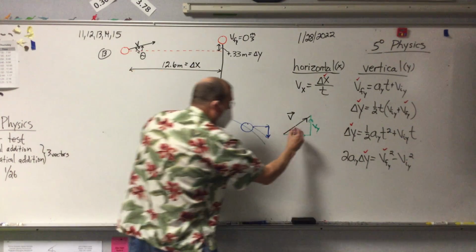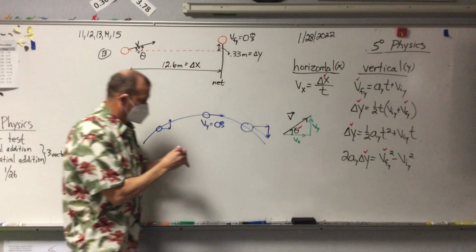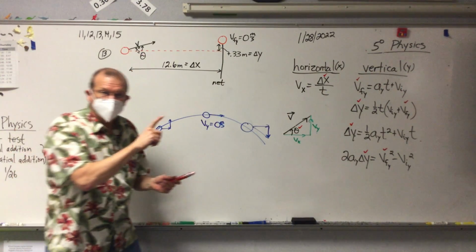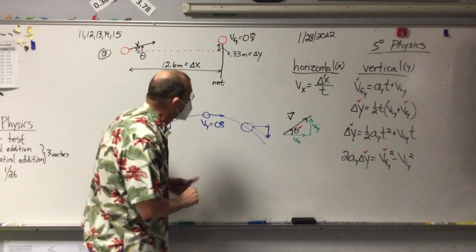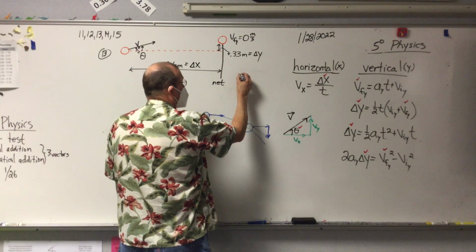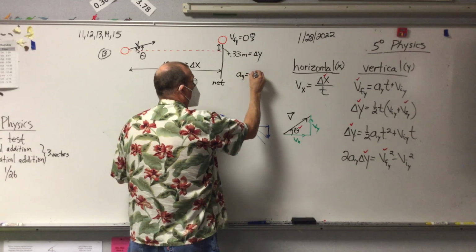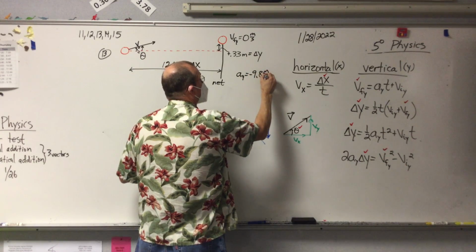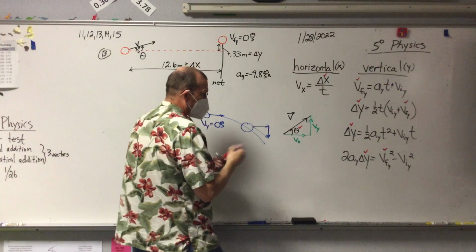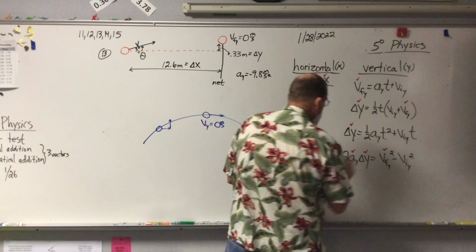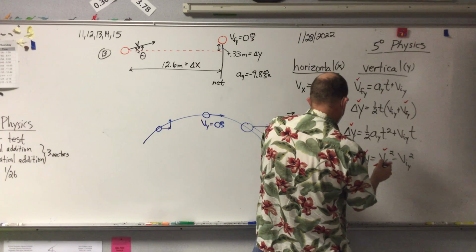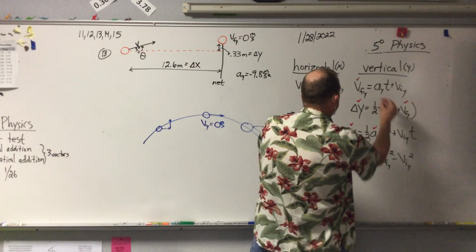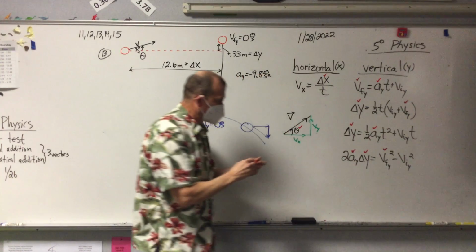We have an angle. And we have one other thing that you mentioned, Liam. 9.8. We have our ay of negative 9.8 meters per second squared. So that means we have this, and we have that.